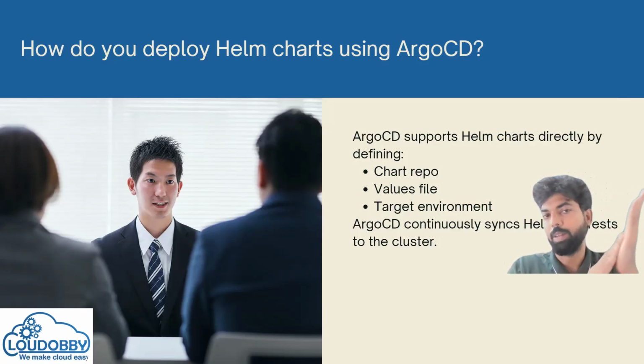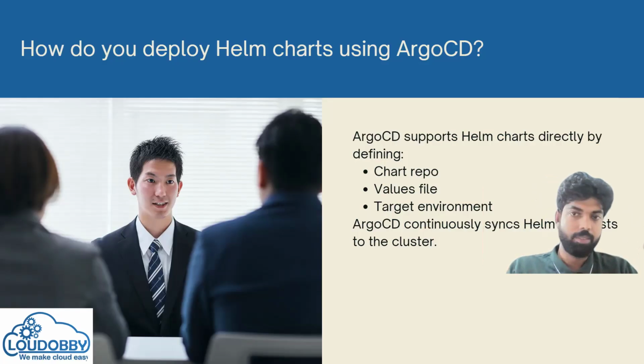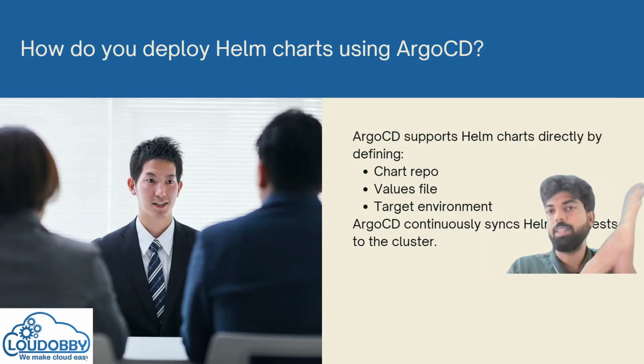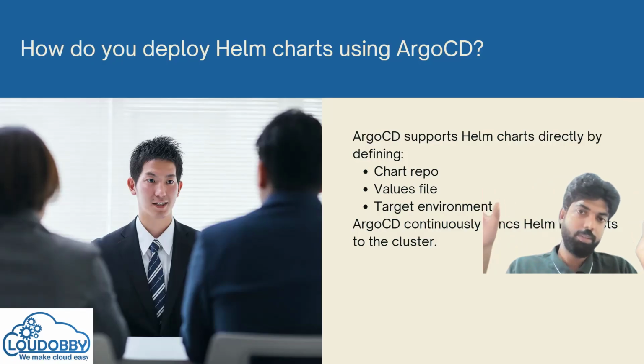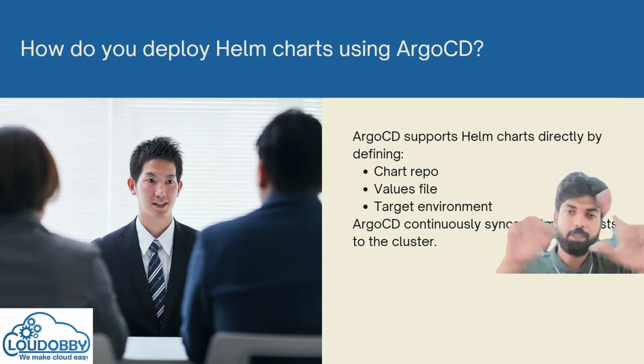Basically, in the Git repository, Helm charts are nothing but YAML files, which have the standard to template it and run it as Helm. Those will be in a Bitbucket, GitLab or GitHub repository. ArgoCD will be running in our Kubernetes, and ArgoCD has its own user interface to log in.